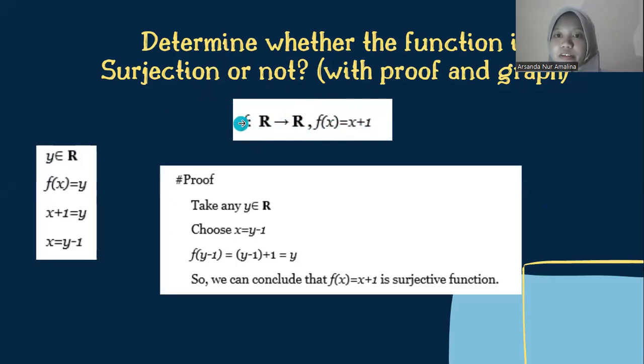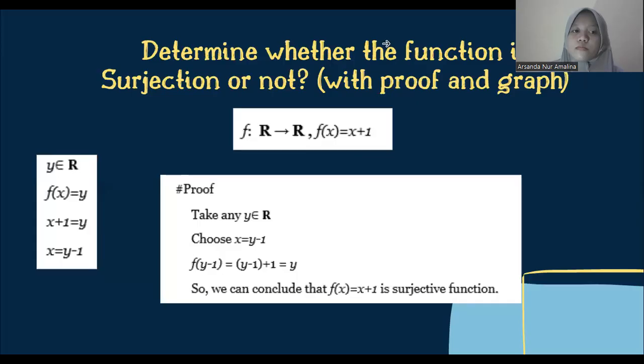By the definition, we need to show that for an arbitrary y in the codomain there must exist some element in the domain that maps to y itself.